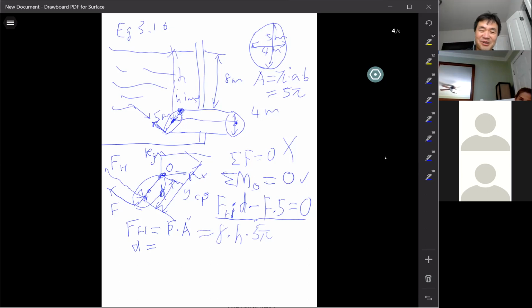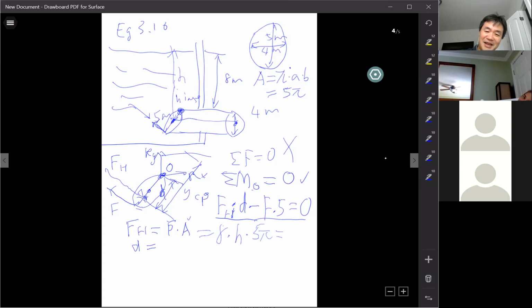Okay, so what is the diameter of the circle? Diameter is 4. Okay, so what is the radius then? 2. 2 plus 8. Is that 10 meters underwater? Makes sense to me. Yes, that's good.